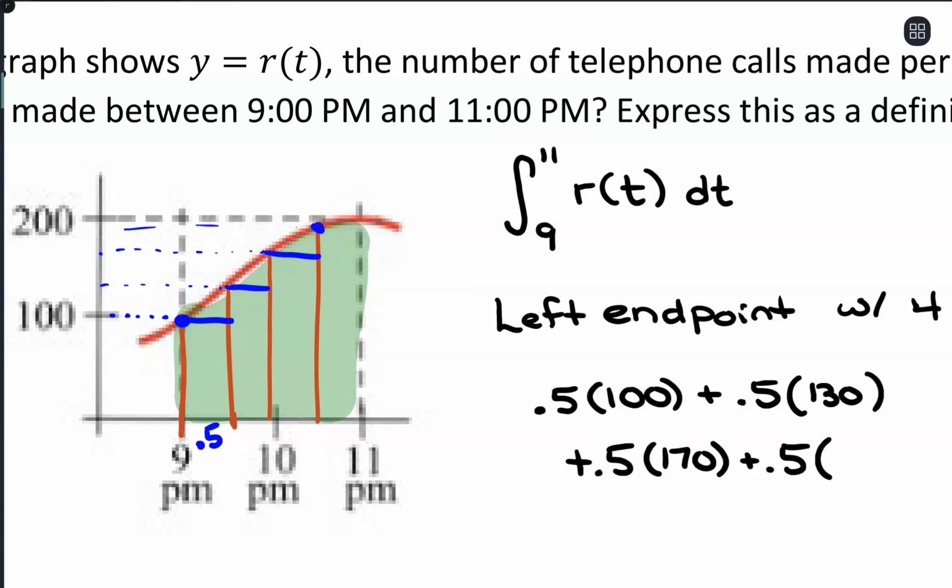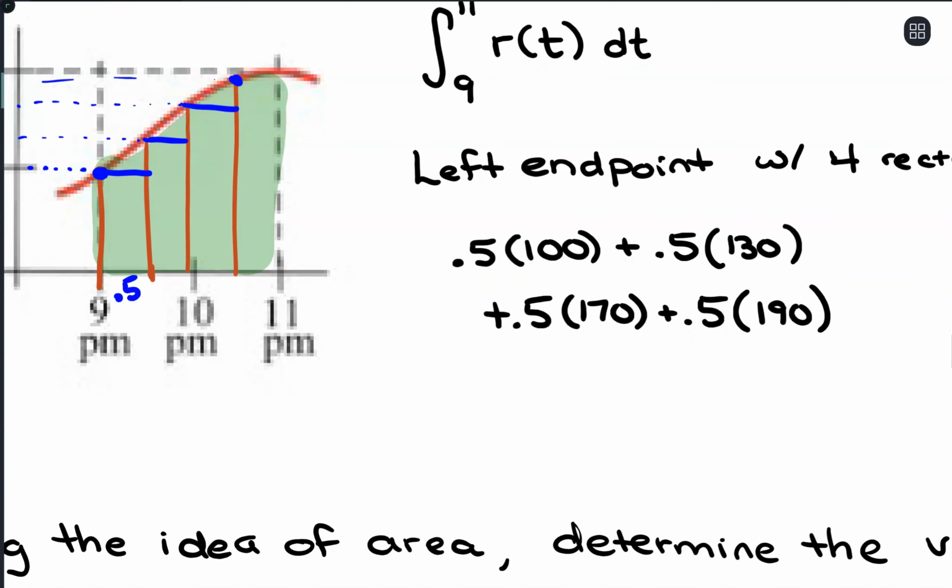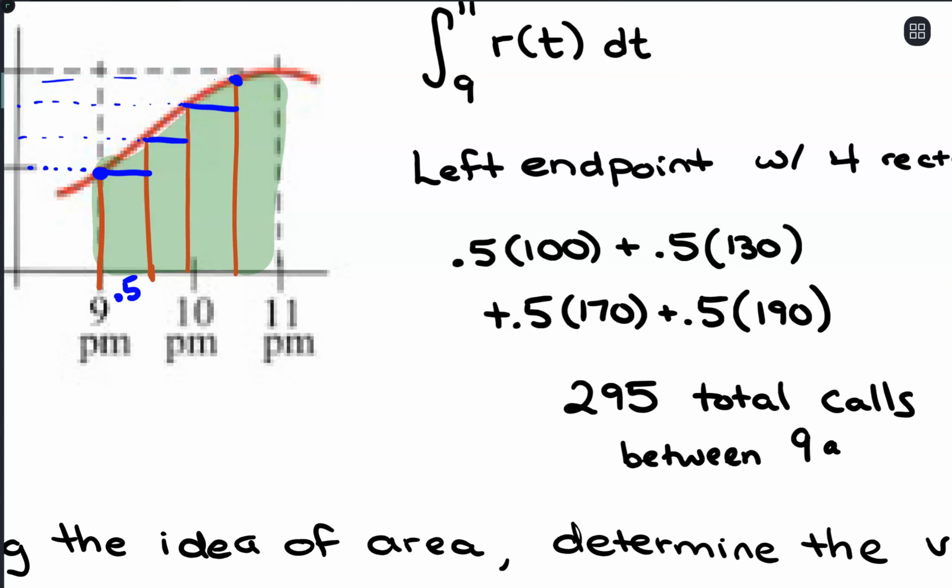Let's say 190, sorry about that. All right, then we'll add those up. Put these in a calculator and we'll get 295 total calls between 9 p.m. and 11 p.m.